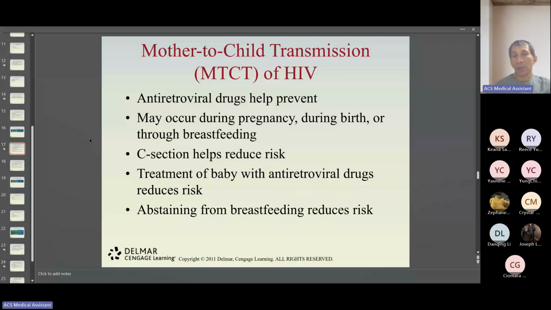So C-section helps to reduce the risk. And who doesn't want to protect their child? So females usually go for it. They accept the C-section.